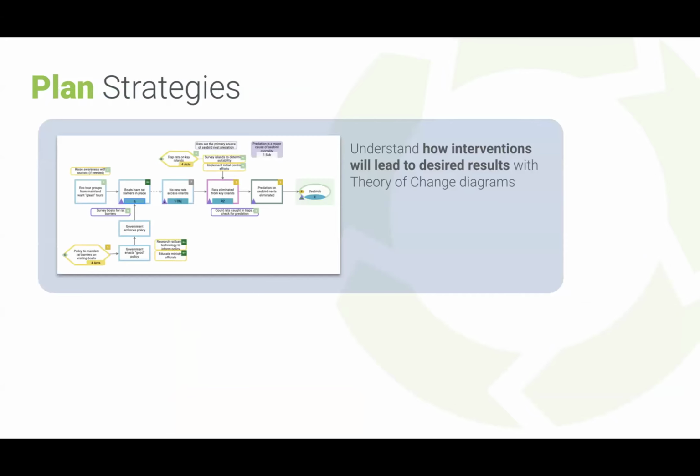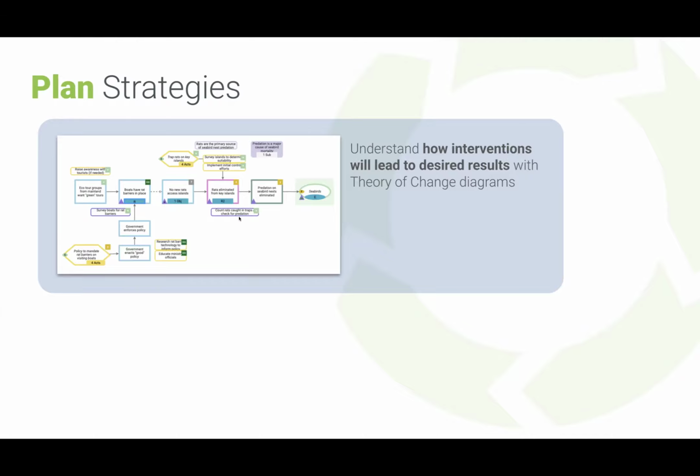There's another set of tools for step 2. So there's a set of diagram tools that allow you to build what we call a results chain. And a results chain is just a series of results linked in a chain that describe the theory of change about how your strategies in yellow are intended to deliver results and ultimately improve the health of your conservation targets or your human well-being targets.